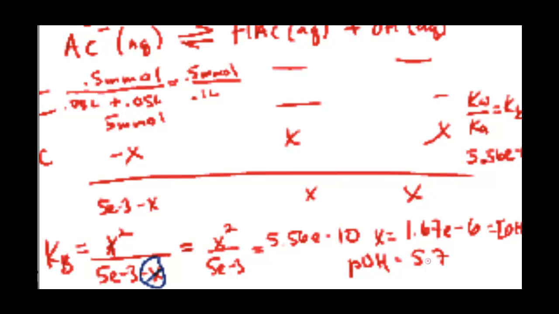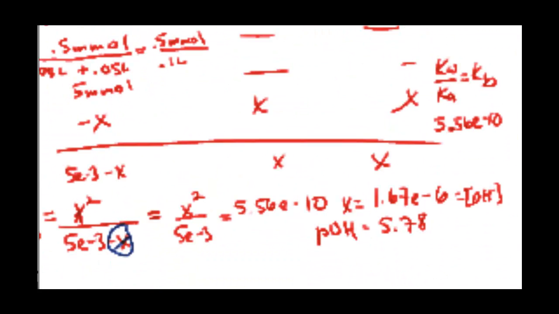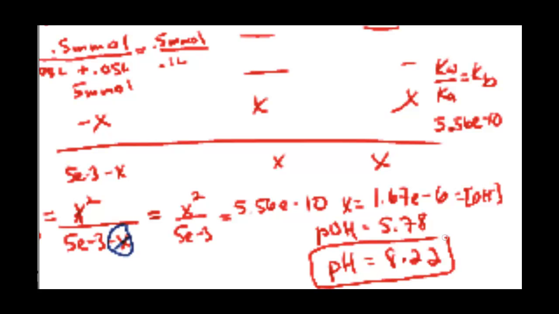No, because we wanted pH, so we're going to have to do 14 minus that, which is 8.22, which kind of makes sense. We're now more on the neutral scale. So pH would equal 8.22. Any other subsequent addition is going to be using Kb calculations.